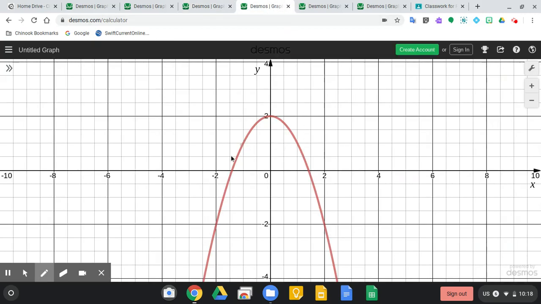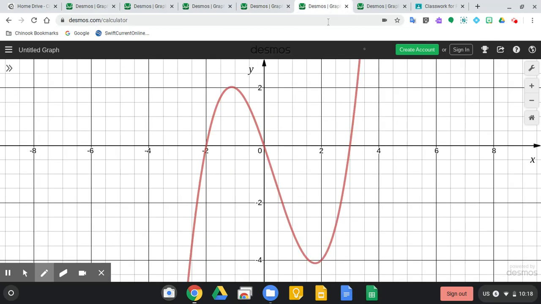If I look at this parabola, as I move from left to right, the first time I see it is in the lower left corner, which is quadrant 3. And the last time I see it is in the lower right corner, which is in quadrant 4. And if I go to my cubic graph, this one started down here in quadrant 3.